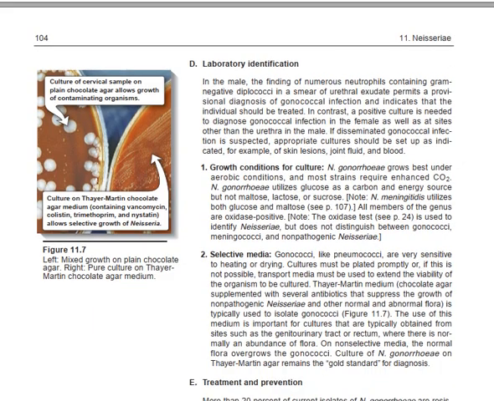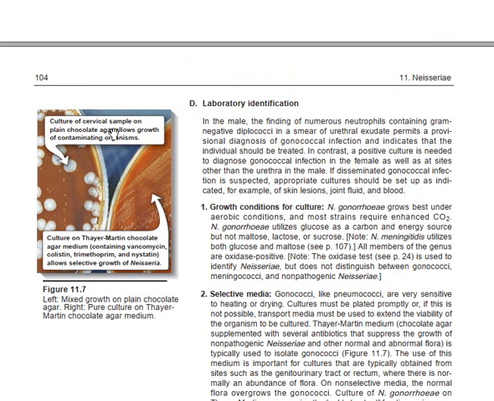Now the next one is mixed growth on plain chocolate agar. Is it clear? So here you see culture of a cervical sample on plain chocolate agar allowing the growth of contaminating organisms. This is culture on Thayer-Martin chocolate agar medium containing vancomycin and colistin, which is selective for Neisseria.